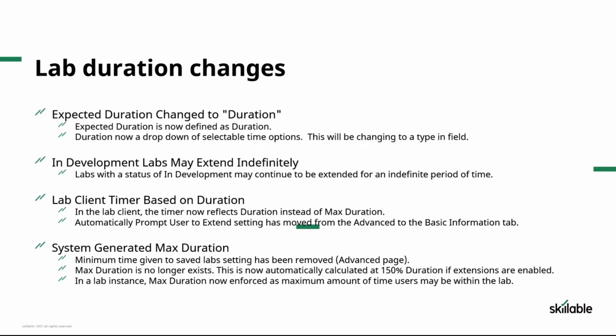I could give you an example of another customer where they had some lab instances for a lab profile that only had a duration of 60 minutes, but they had a large number of users that had been running that lab for over 3 days, just using the extend duration option.